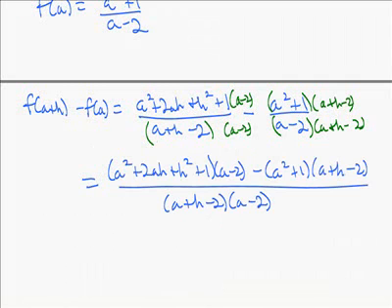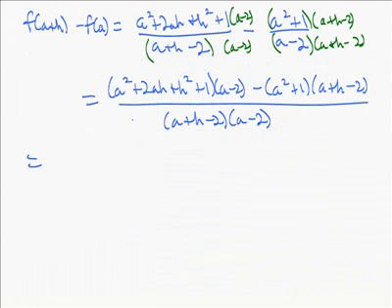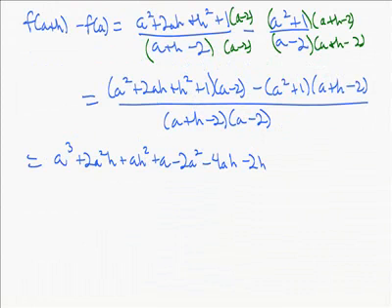Alright, so we got some multiplications to carry out here. Let's take the a through here, we get a cubed plus 2a squared h plus ah squared plus a. Take the negative 2 through, minus 2a squared minus 4ah minus 2h squared minus 2.